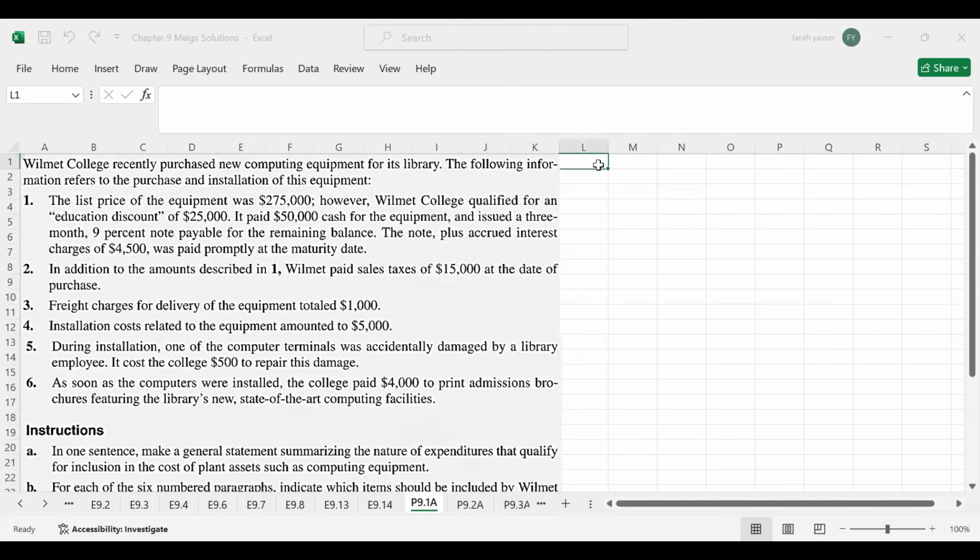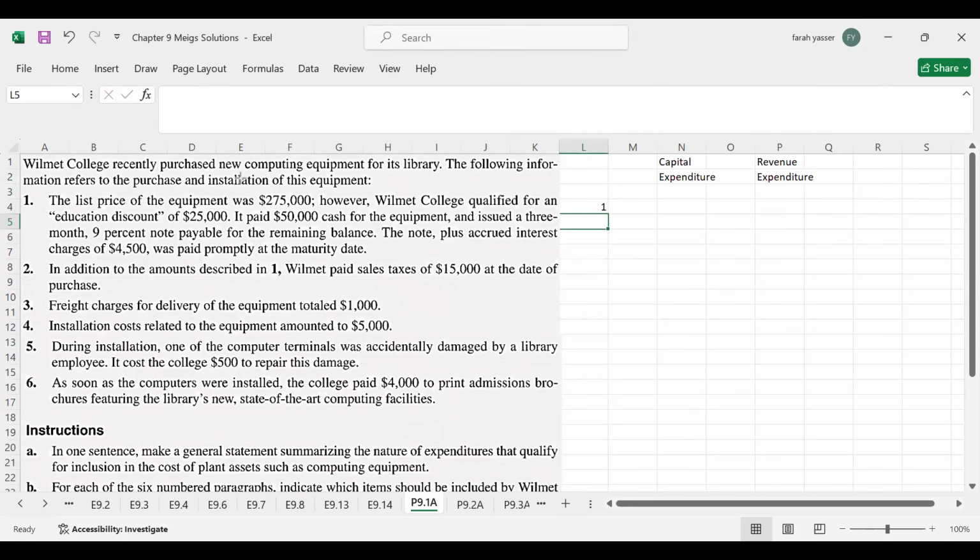So first of all, we have capital expenditure, and then we have revenue expenditure. Number A example, or you can say one.